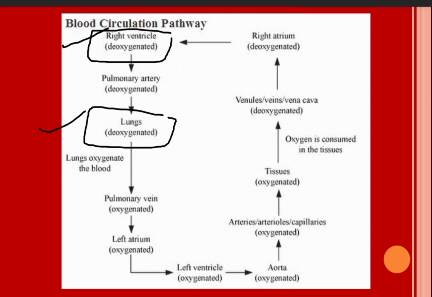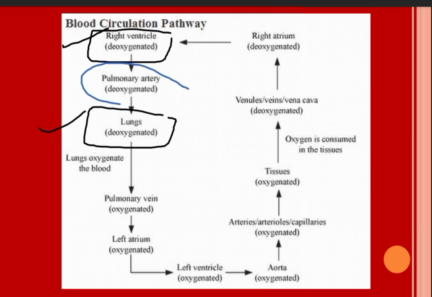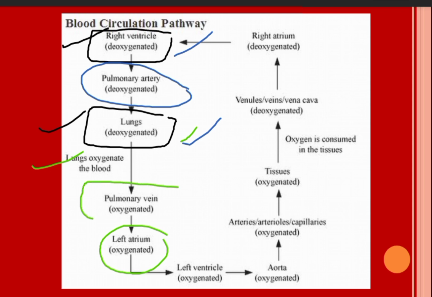And for this, the pulmonary artery is responsible to carry this deoxygenated blood from the right ventricle to the lungs for oxygenation. Next step. Now lungs do the oxygenation process. Lungs oxygenate the blood.